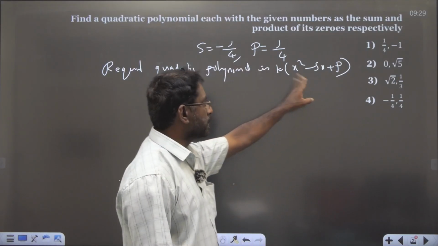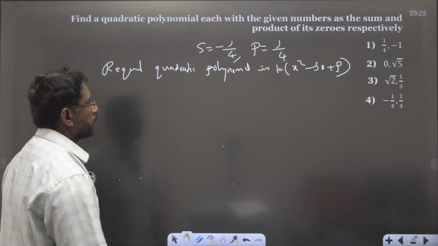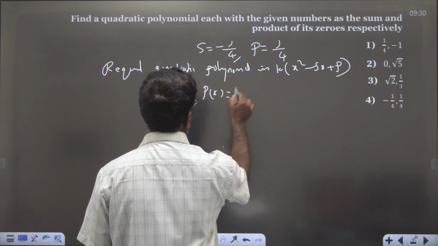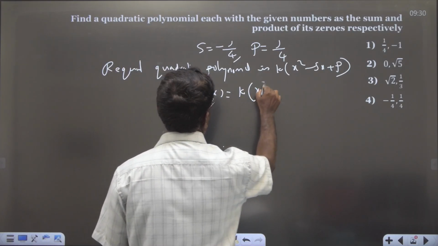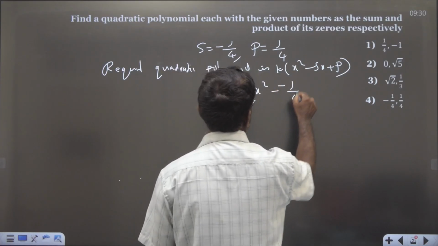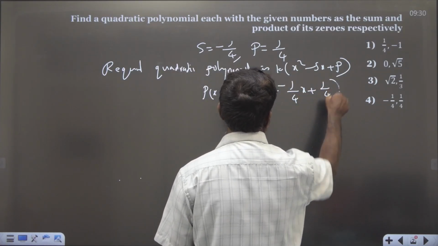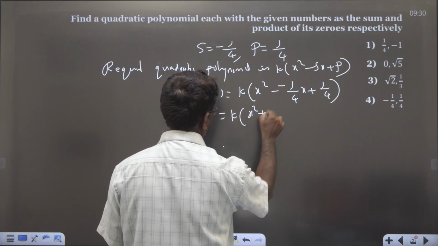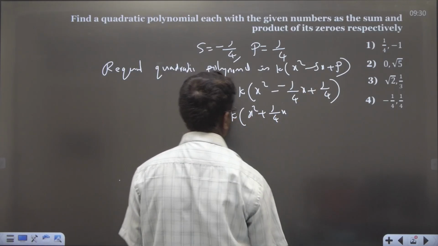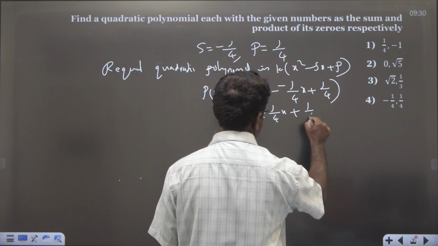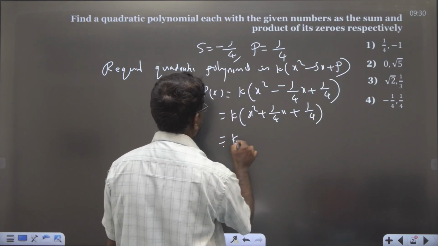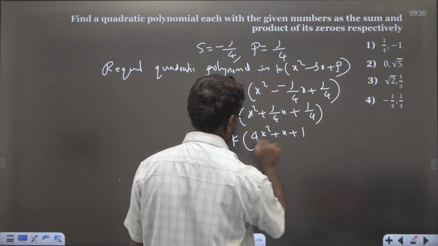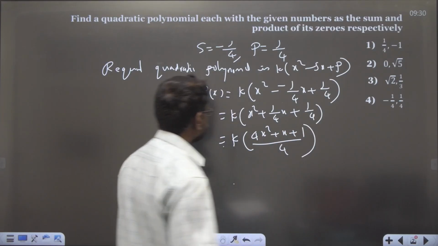The second term will always be negative. So p of x equal to k into x square minus of minus 1 by 4 x plus 1 by 4. That is k into x square plus 1 by 4 x plus 1 by 4. That is k into, LCM is 4, 4x square plus x plus 1 by 4.